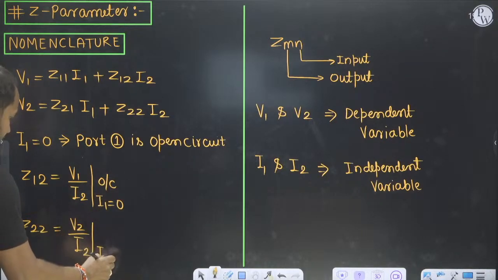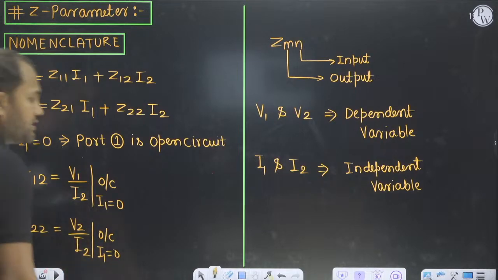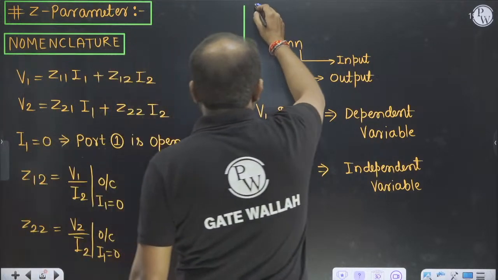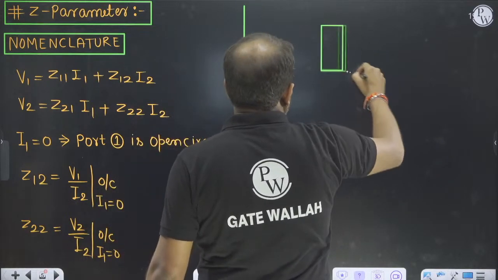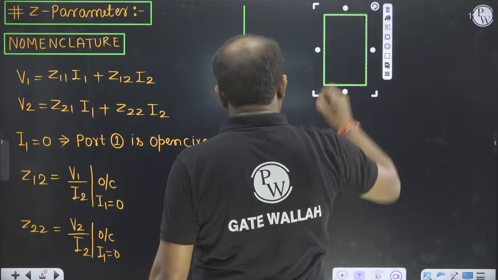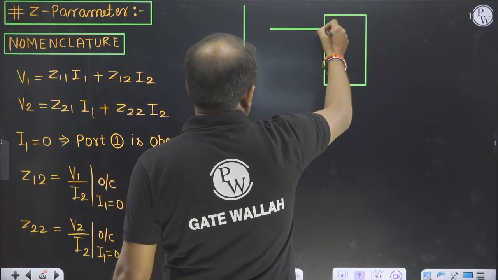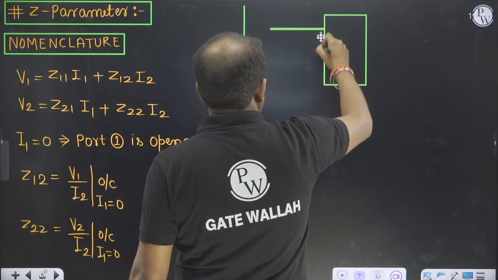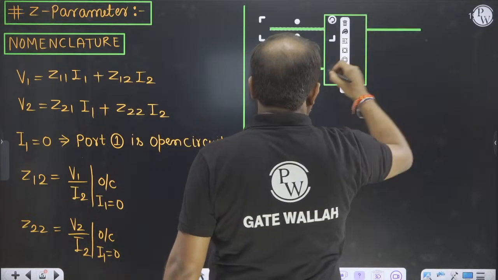Then we go to the point that the first port is considered as the input port and the second port is considered as the output port.